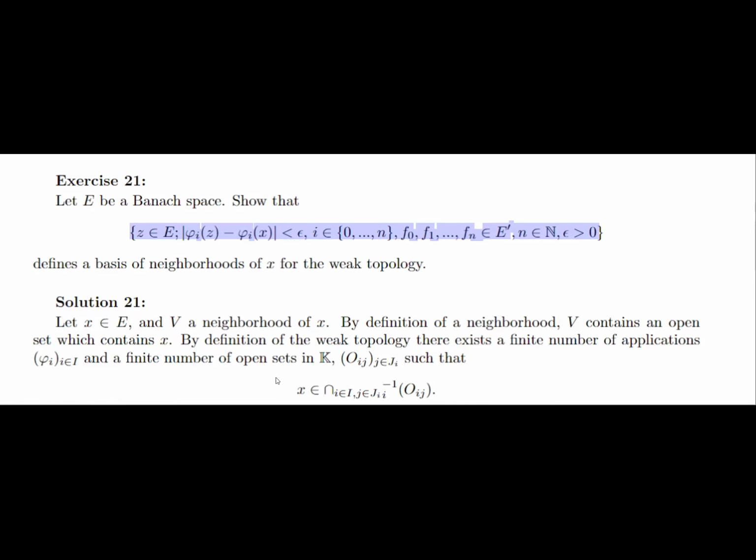All right. Those indexes we can write a little bit differently, but the point is that this is finite. I have only a finite number of applications and open sets. Which means that phi i of x belongs to Oj.